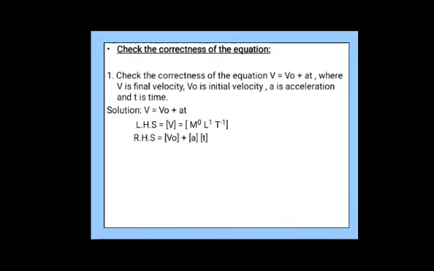Now go for RHS part. In RHS part, v naught plus at is there. So in square bracket, first you have to write v naught plus. You have to write dimensions of a, that is acceleration, and dimensions of time t you have to write. So dimensional formula for velocity is M raised to 0, L raised to 1, T raised to minus 1.